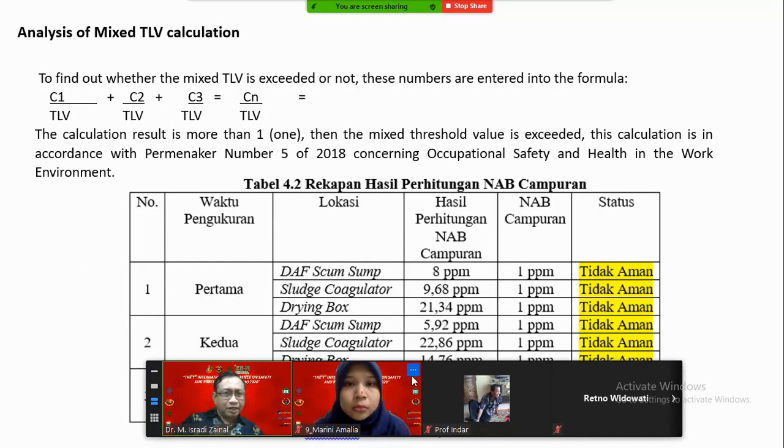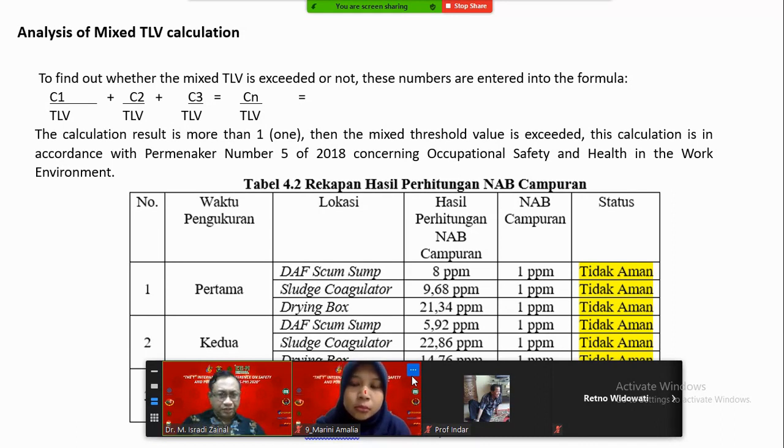Let's see the calculations. This is the analysis of the mixed TLV calculation, and we see the formula given by the regulations: C1 over TLV plus C2 over TLV plus C3 over TLV, up to Cn over TLV.